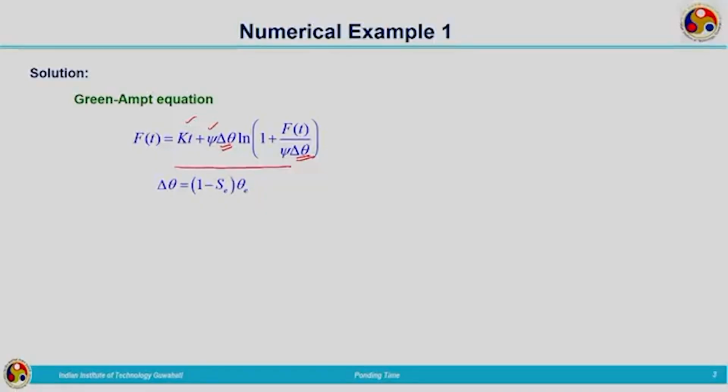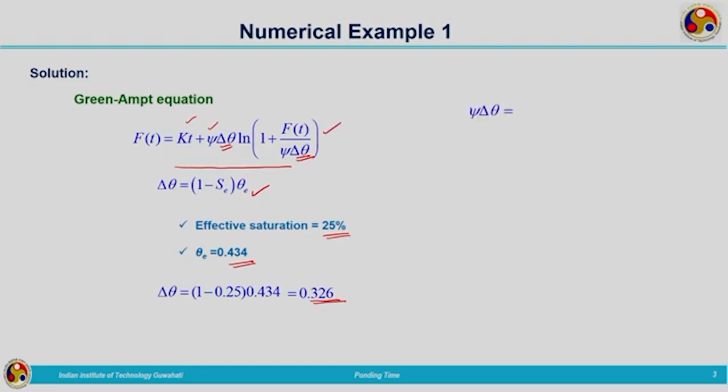So, Se is known to us, theta E is known to us. If Se is 25% and theta E is 0.434, delta theta can be calculated as 0.326, just by substituting in this equation. After that we will substitute all the given values in our Green-Ampt equation.